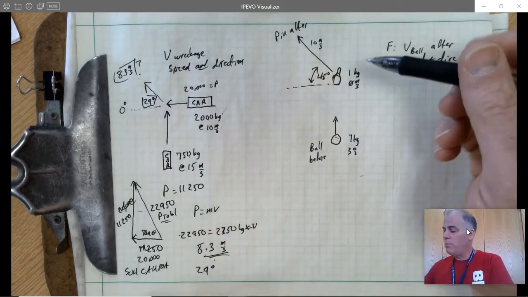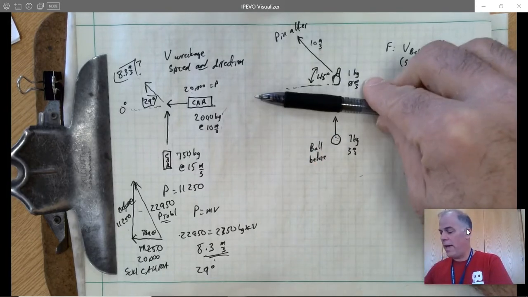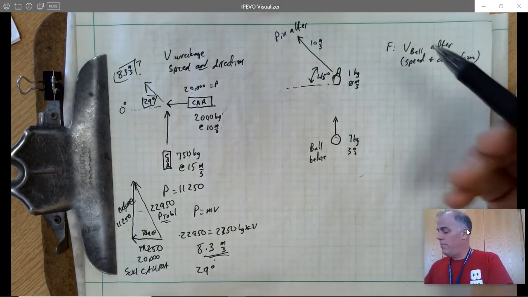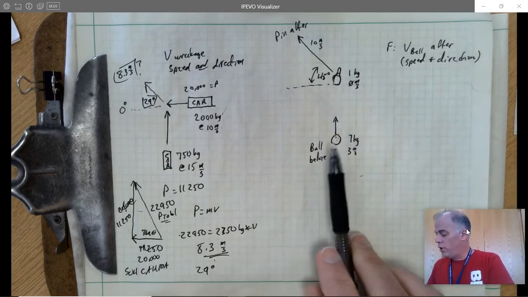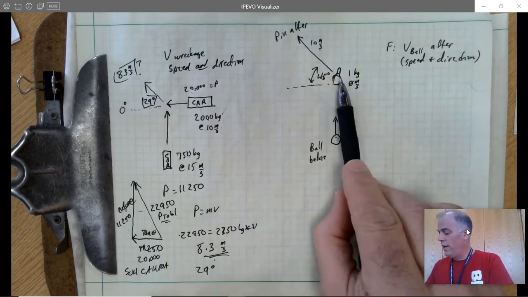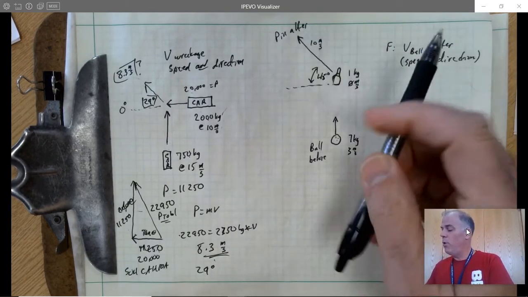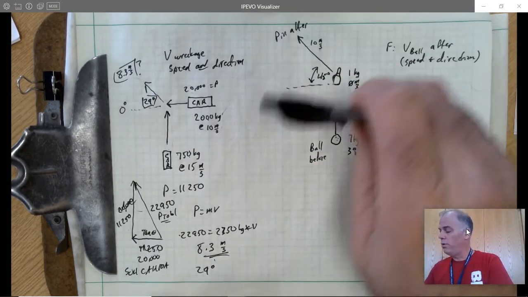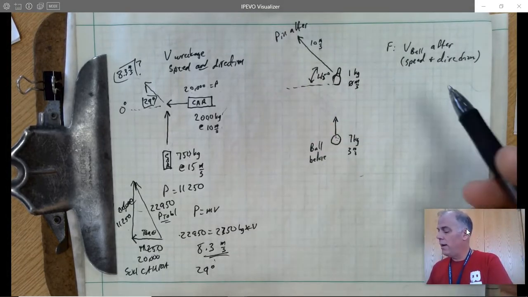So the way we do this is we keep in mind that momentum is conserved. Again, just like with the car crash, momentum is conserved in the y direction and in the x direction. Now, initially, the ball is going straight up on the page, and the pin is not moving at all, which means that there is no momentum at all in the horizontal component, the x-axis.